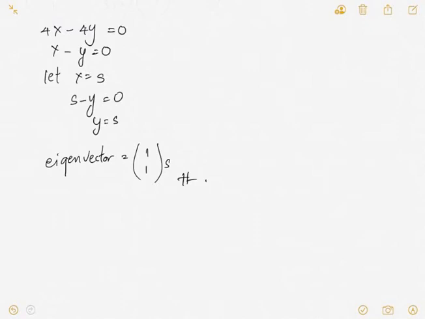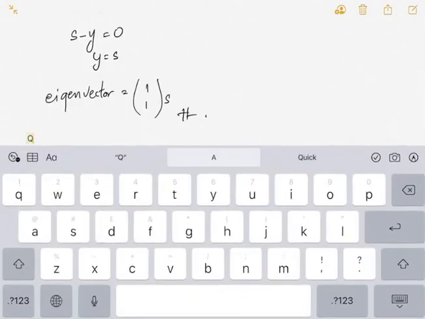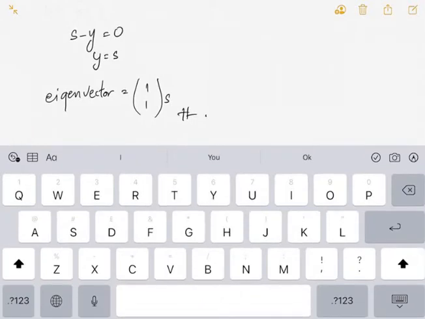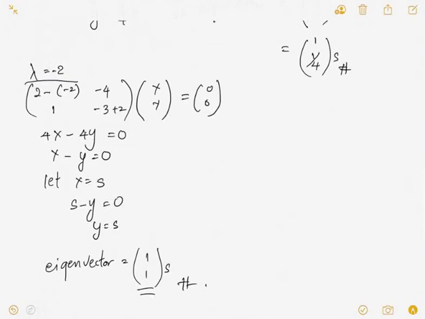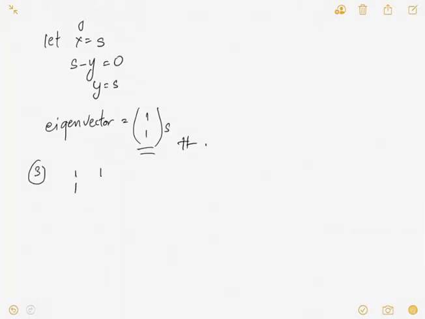The next step is to check whether your eigenvectors are linearly independent or not. So you write down 1 and 1, and the other one is 1 and 1 over 4. You get 1 over 4 minus 1, which is equal to negative 3 over 4, which is not equal to 0.